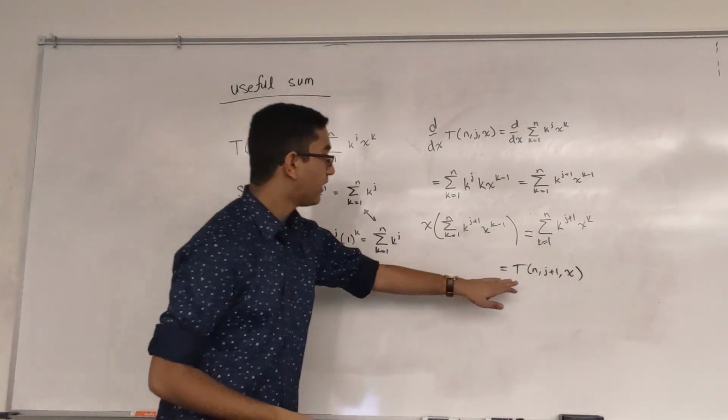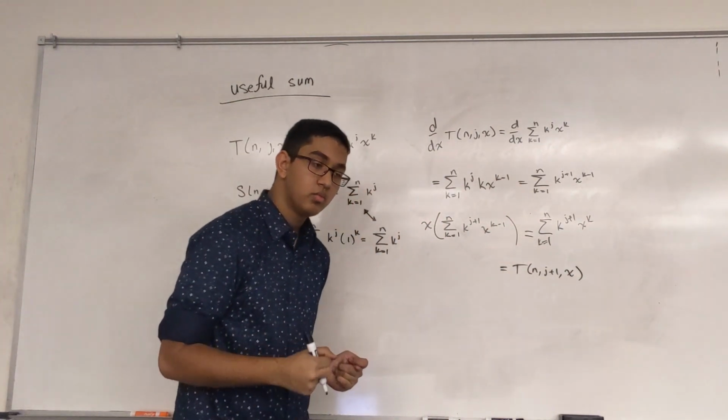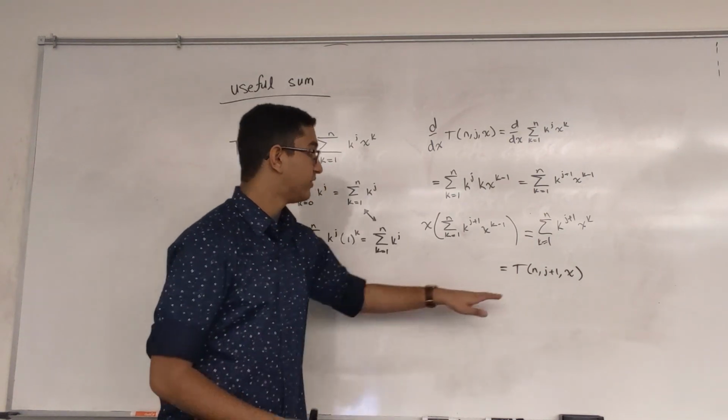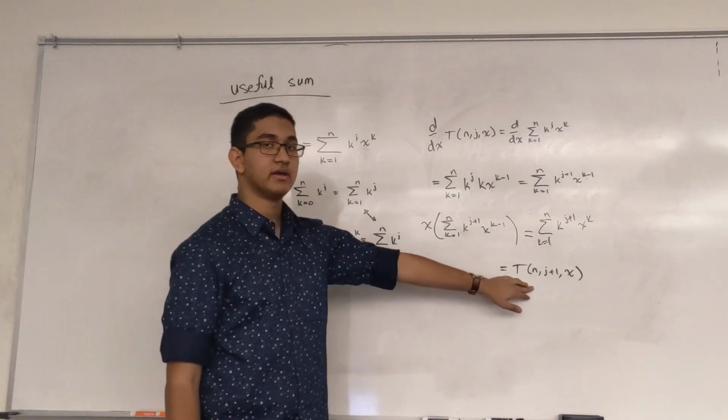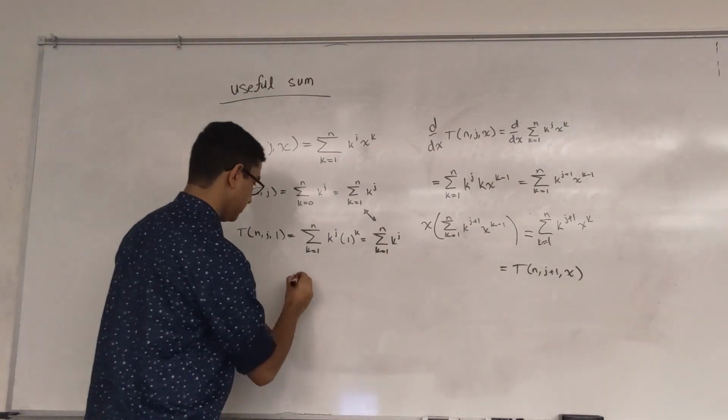Okay? So with j being 1 greater, this is the formula.